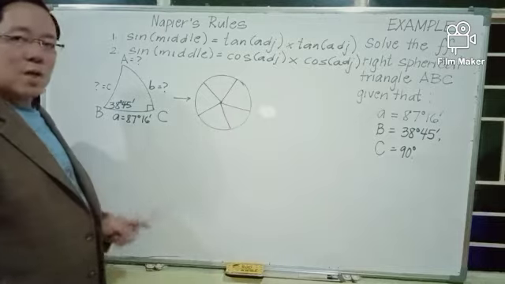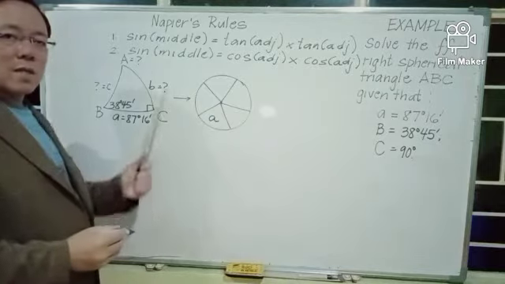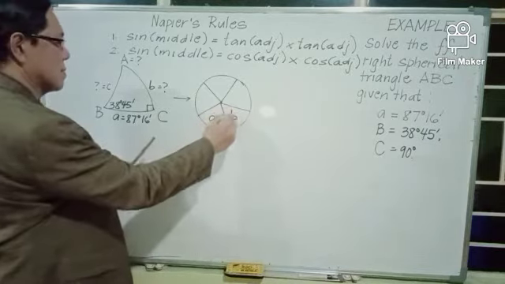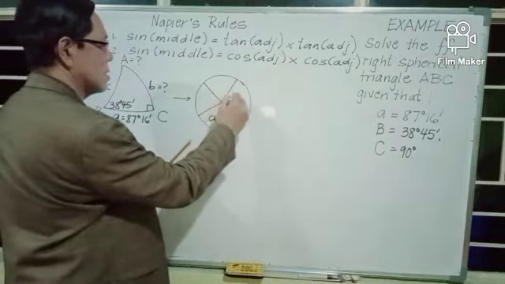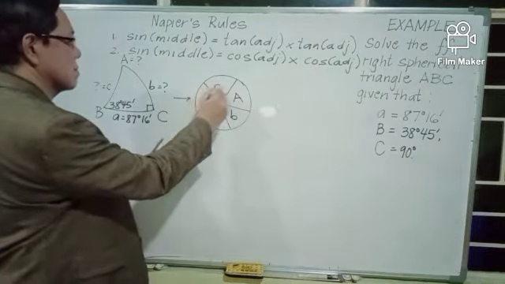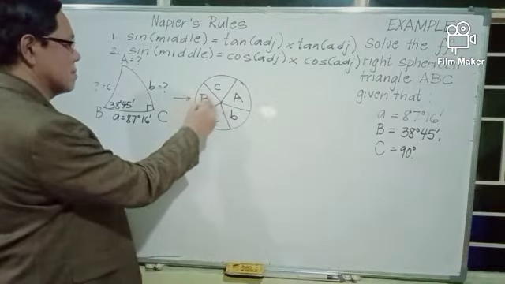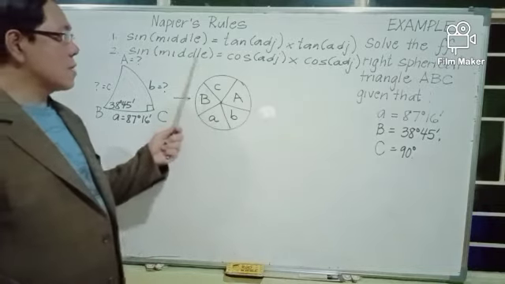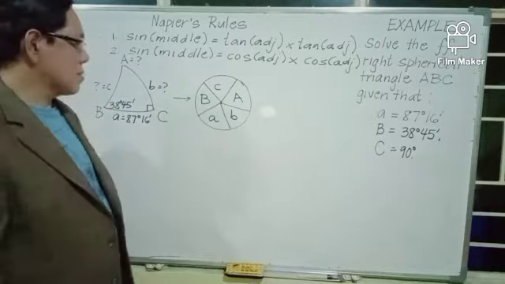We start with the small a, and we go in counterclockwise direction: small b, and then angle capital A, small c, and angle capital B. But these are not the parts that we will use in writing the equations using the Napier's rules.